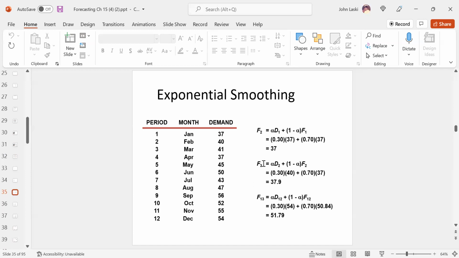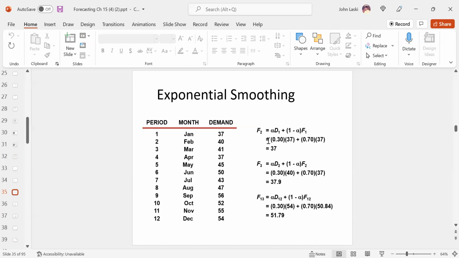So we did period 2. Let's do period 3, the forecast for period 3. Again, alpha is 30%. So in essence, the reciprocal of alpha is 70%. And what does it say? It says 30% times the demand for period 2. What's the demand for period 2? It's 40. 30% times 40 plus reciprocal of alpha, 70% times the forecast for period 2.